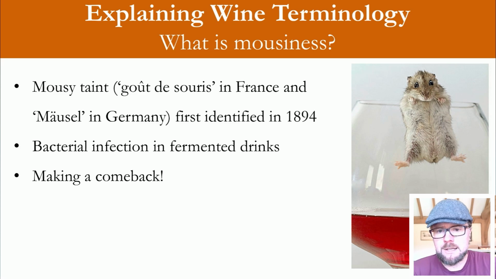Mousiness, or mouse taint, or mousy taint, as you'll see up there, sometimes called goutte de cerise in French, or Mausel by German speakers, is a bacterial infection in fermented beverages and food, which creates a very unpleasant aftertaste that the drink or food will have, certainly when it is first tasted and then ingested.